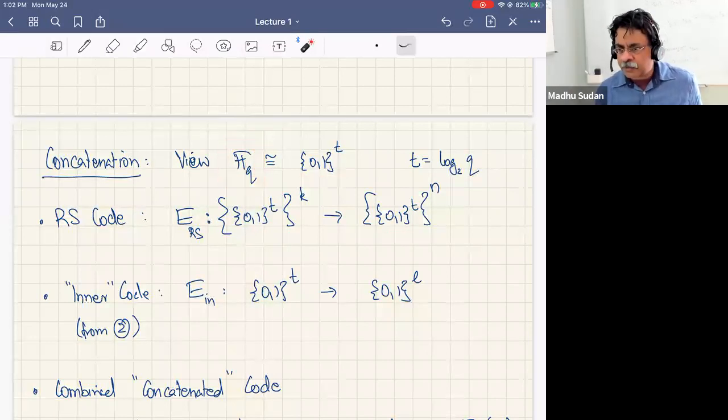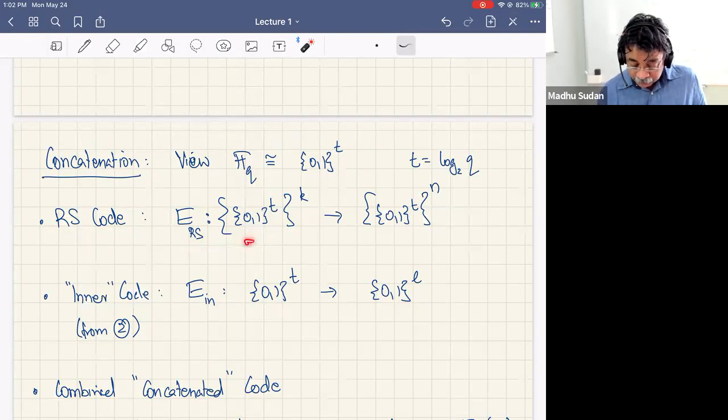You could pick an arbitrary binary string representation, as long as Q is less than or equal to 2 to the T, you can represent it. Now what we will do is view the Reed-Solomon code as saying, let's assume that these are exactly equal.